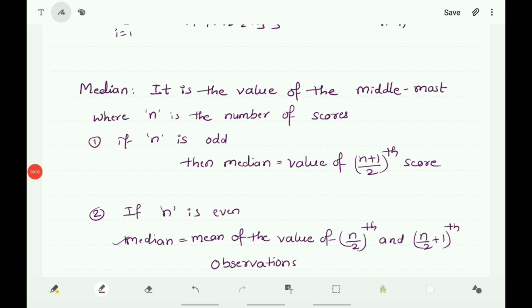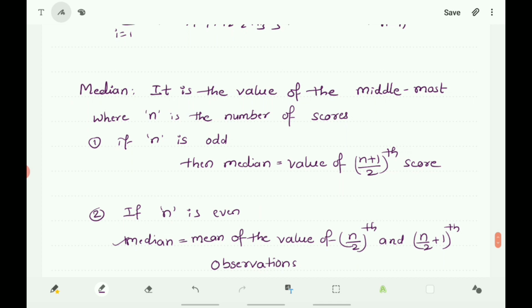Now about the median. Median is the value of the middlemost observation, or middlemost score. If there are n scores, where n is the number of scores, then the median can be calculated depending upon the nature of n.